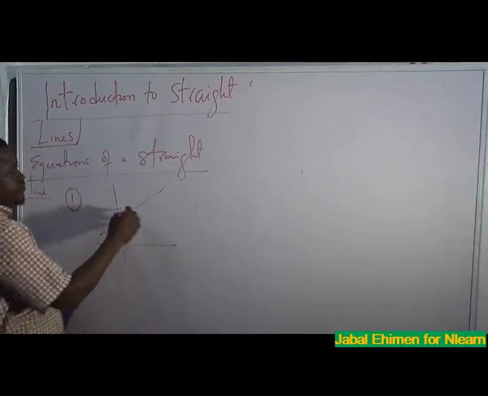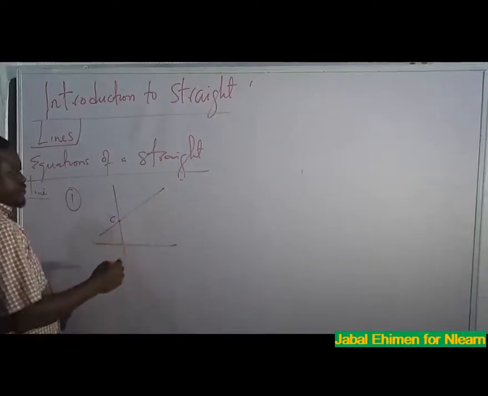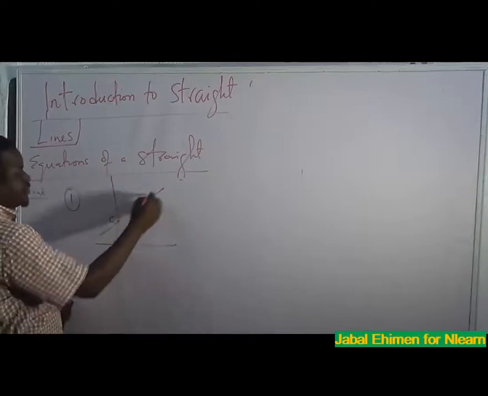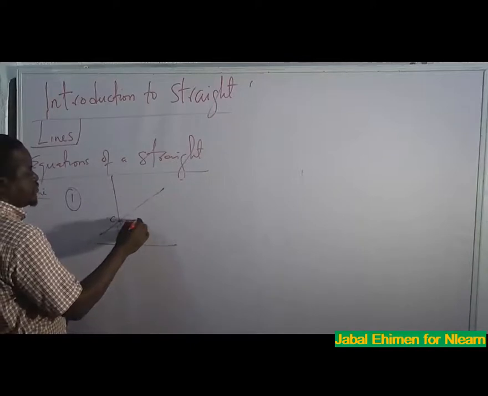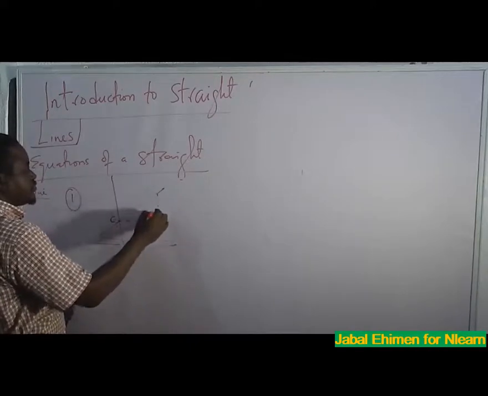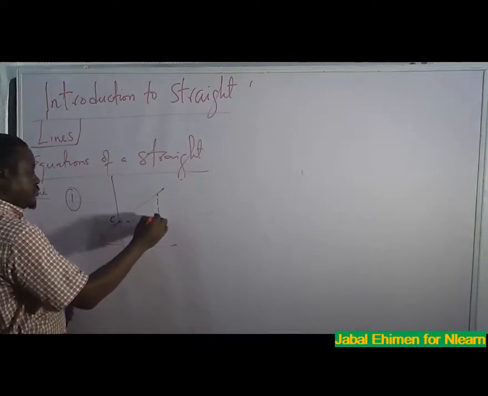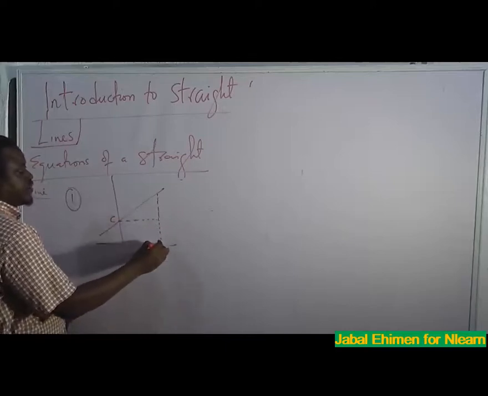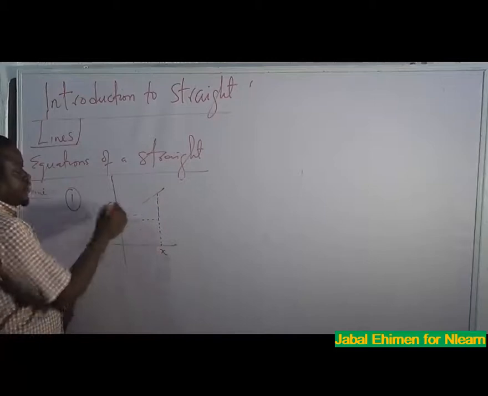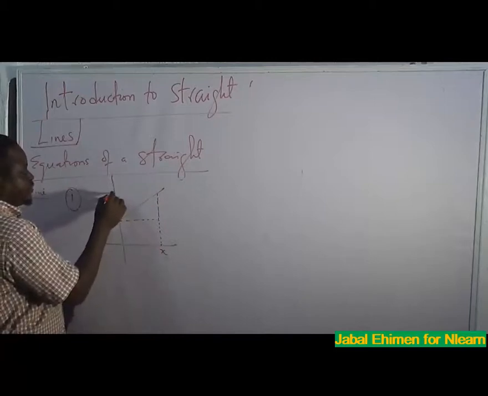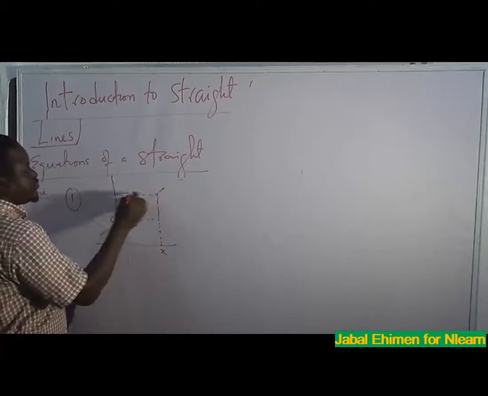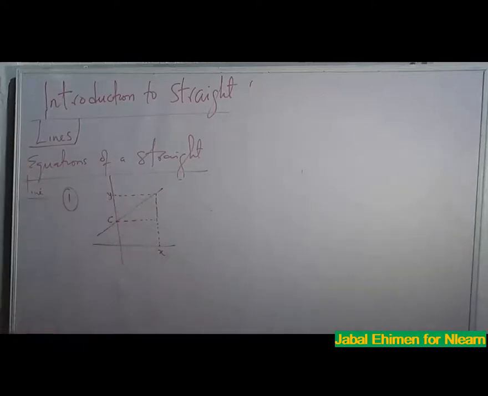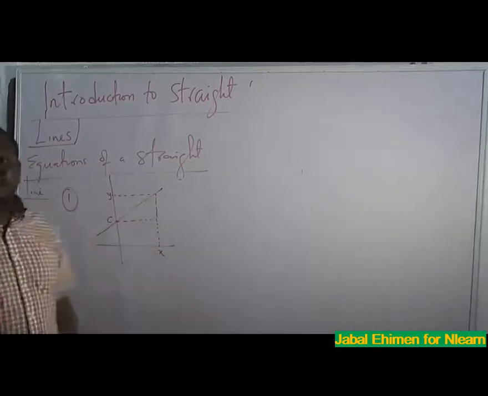So the gradient of this kind of line, you observe that gradient of this kind of line can be manipulated down to this. So if you look at this value here is X, and this value here is Y. So if you want to operate it yourself, not to forget, I prefer deduction.